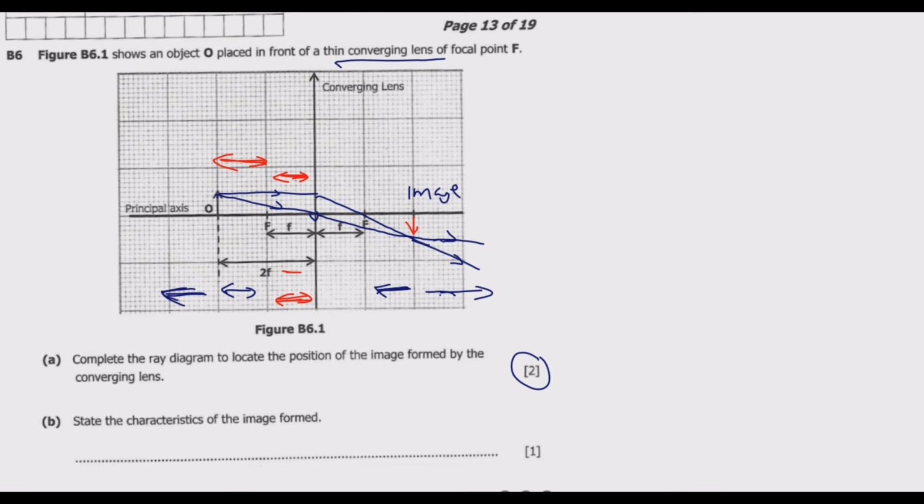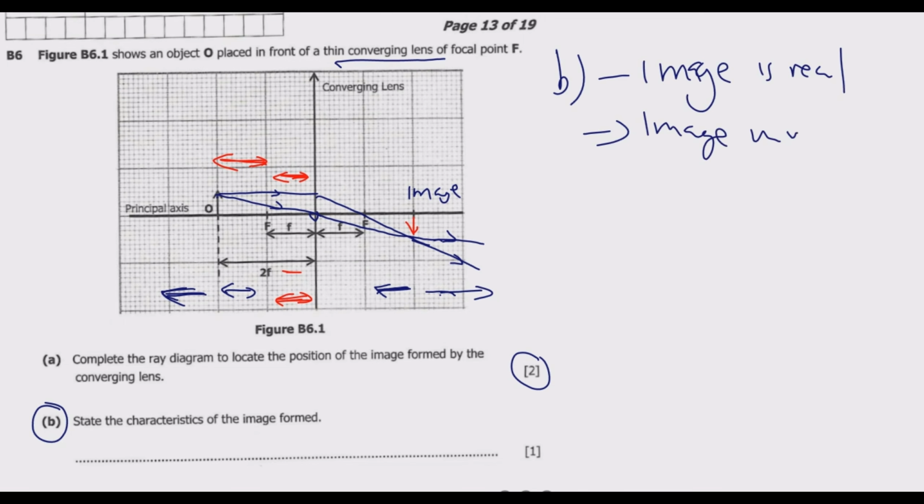Let us look at B. State the characteristics of the image formed. So the first characteristic of the image formed is the fact that the image is real. Number two, the image is inverted, in the sense that it's upside down.